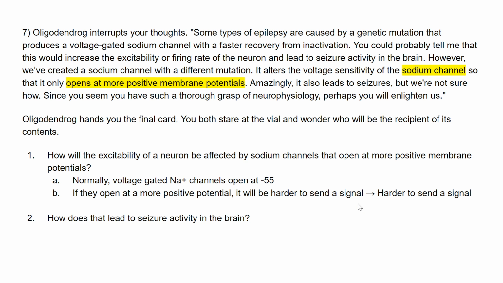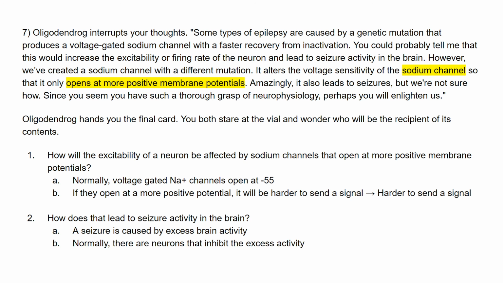How does that lead to seizure activity in the brain? Yeah, that's a weird one because last time we said that seizures were caused by excessive brain activity, but this time we're saying it's harder to send a signal. So something I haven't mentioned is that we have a mechanism in us to prevent seizures from happening.